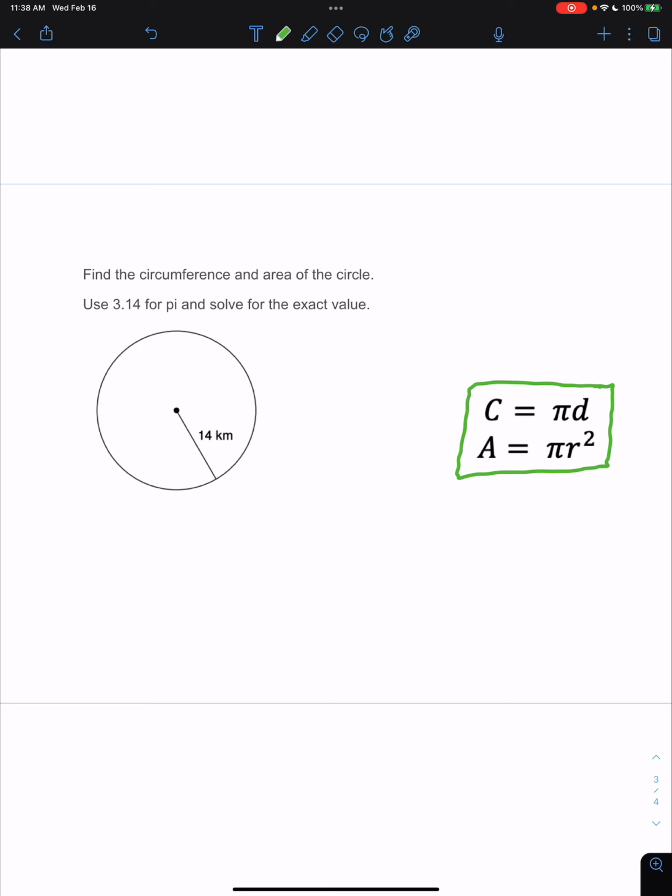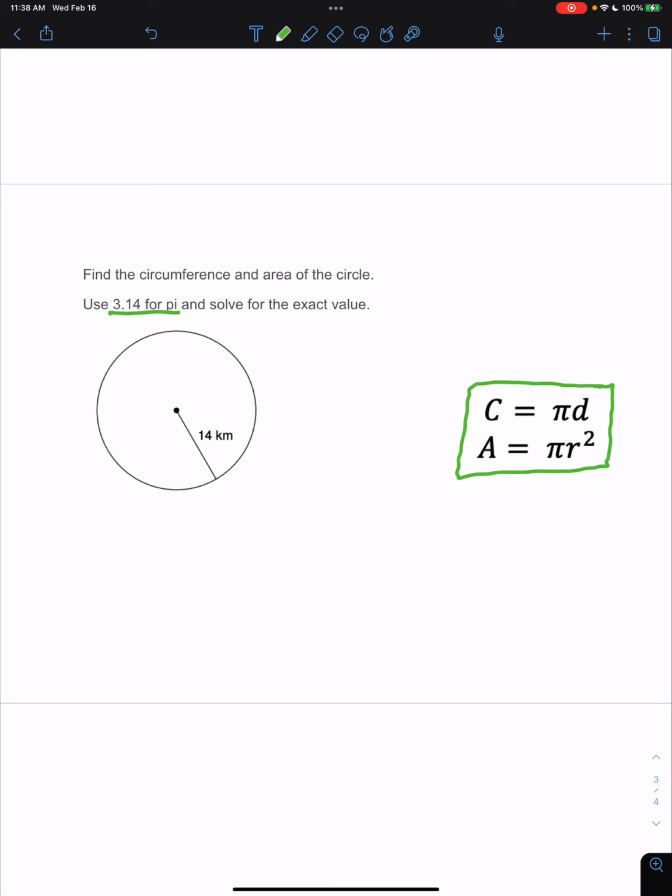Also, I want to point out that we're going to use 3.14 for our approximation for the number pi. Remember that pi is a number, and the decimal points of pi go on and on and on forever, but we're going to use an approximation that's good enough for us, 3.14 for the number pi.